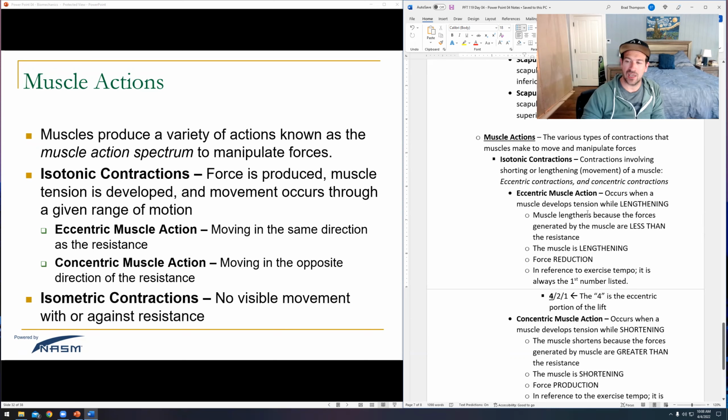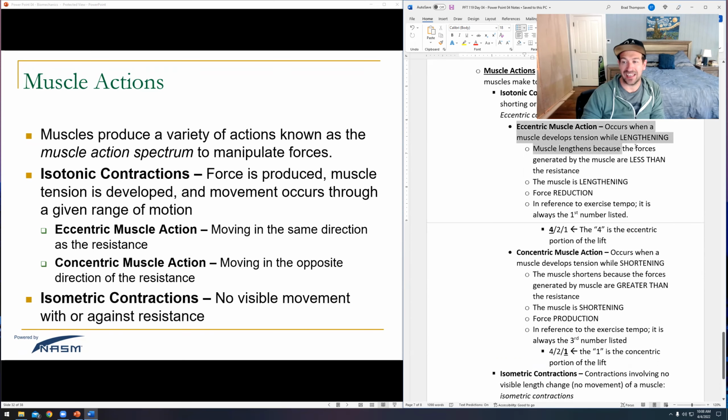So of the two isotonics, the first one we'll start with is what's called an eccentric muscle action. This occurs when the muscle is developing tension while it's lengthening. So this is a muscle that is stretching. That's an eccentric contraction. The muscle is lengthening because it's generating force, but it's generating less force than whatever resistance it's working against.